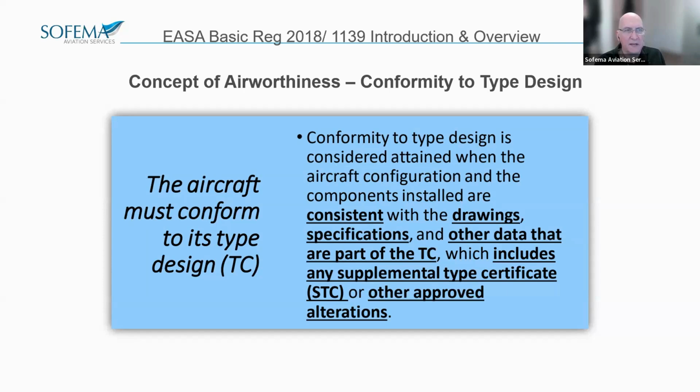So we take an aircraft, it originally was issued with a type certificate by the manufacturer. On top of that, there may be some modifications embodied as STCs or other alterations, and that defines what the configuration of the aircraft should be. So there's a lot of drawings and design data relating to that. So that's the type conforming to type design.